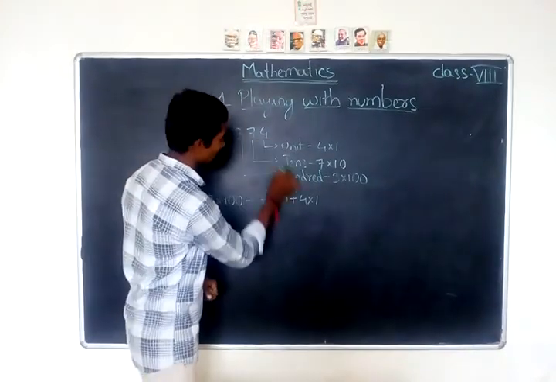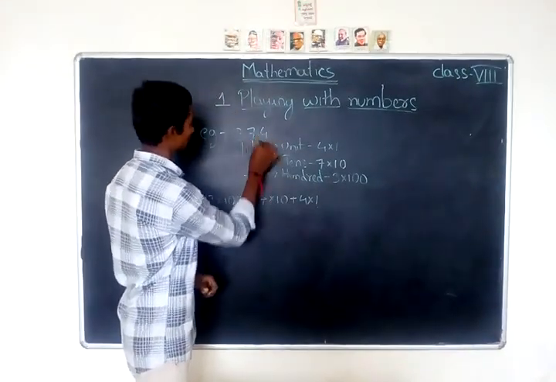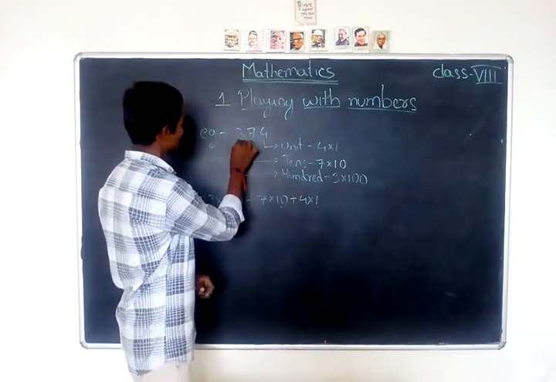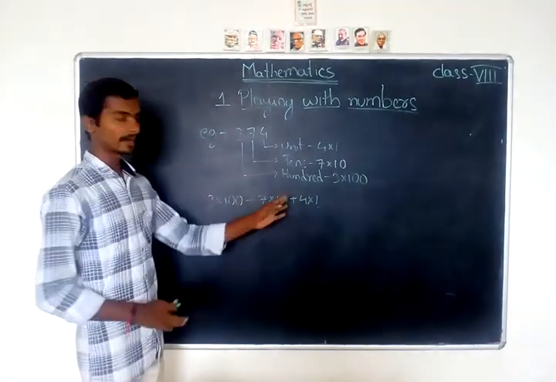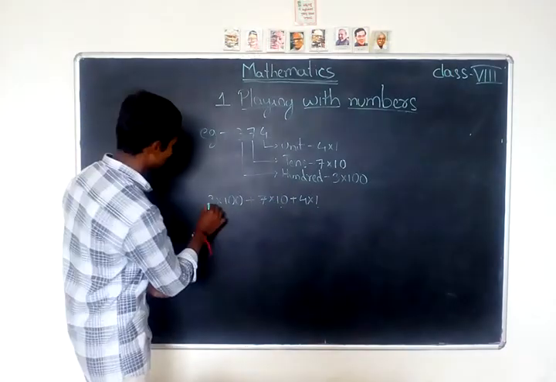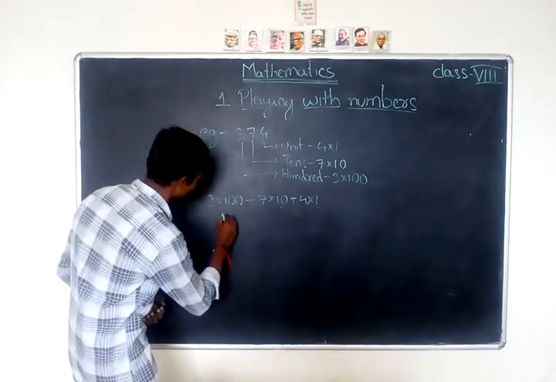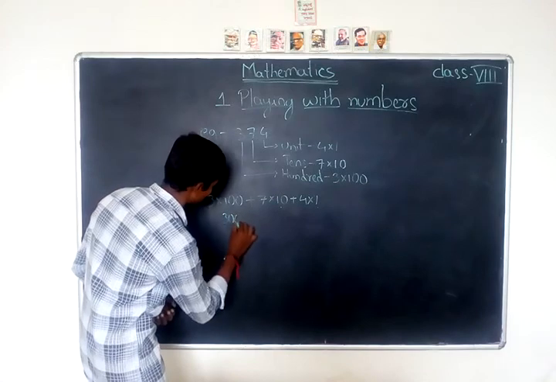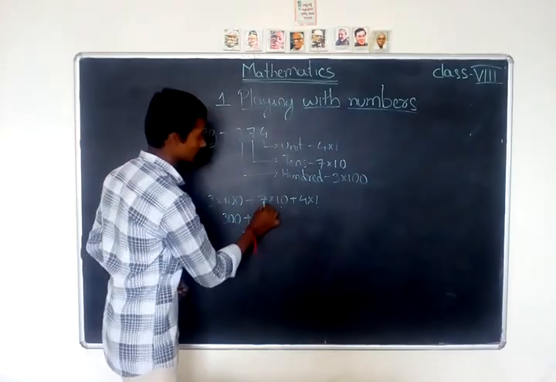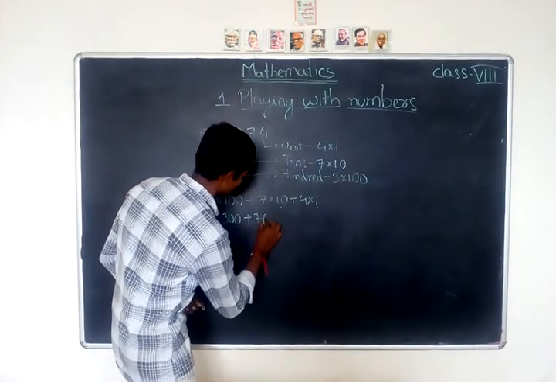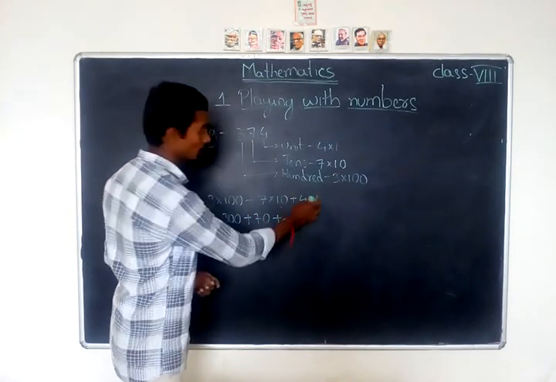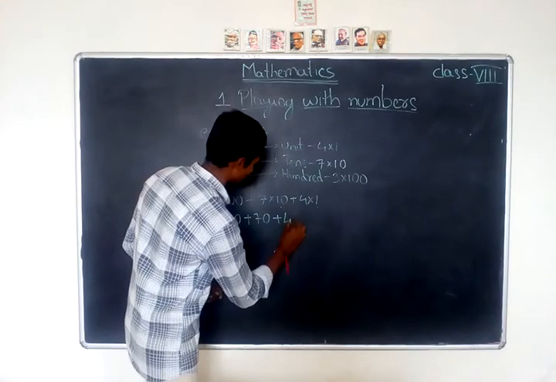Because 4 has taken unit place, 7 has tens place, and 3 has hundreds place. Okay? Now if we add these numbers, what we will get? 3 into 100 is 300 plus 7 into 10 is 70 plus 4 into 1 is 4.